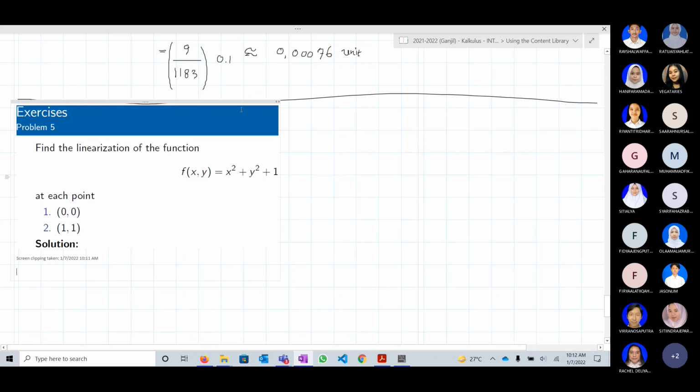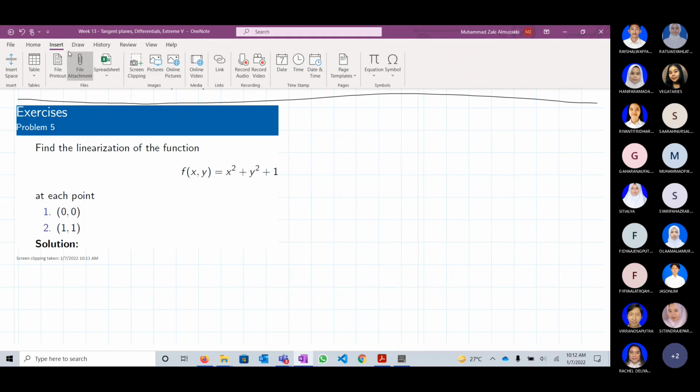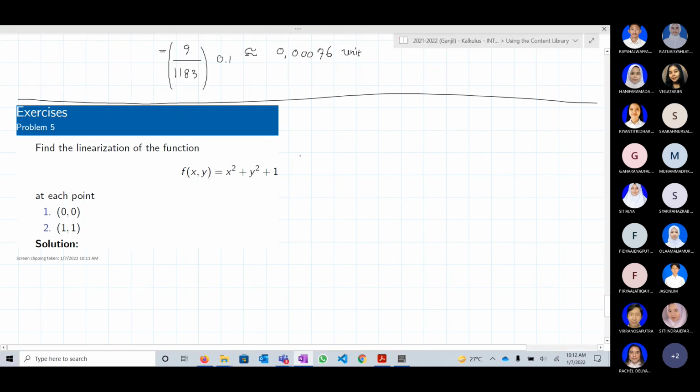So to find the linearization, we first need to find fx, which is 2x, and fy, which is 2y.